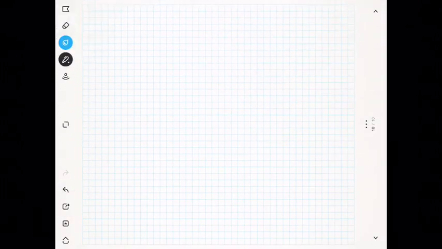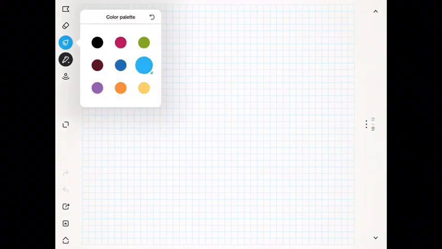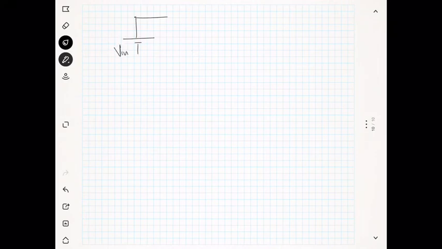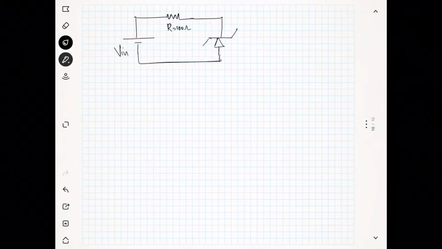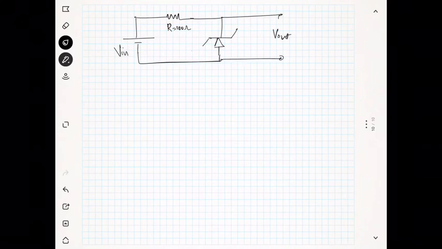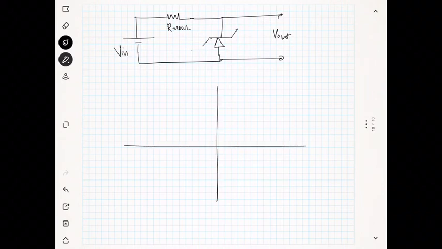First of all, I will redraw the circuit. You have Vin here and R, which is equal to 100 ohm, and this is the Zener diode, and you are going to take the output. So what is Vout? First, I will take the characteristics curve.